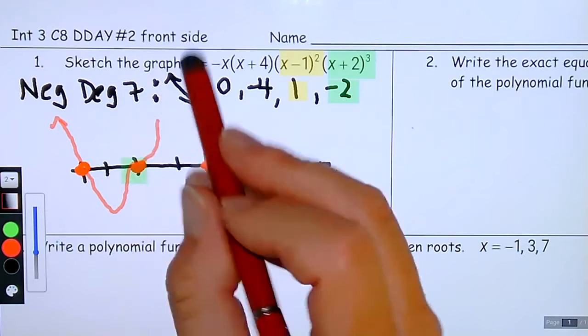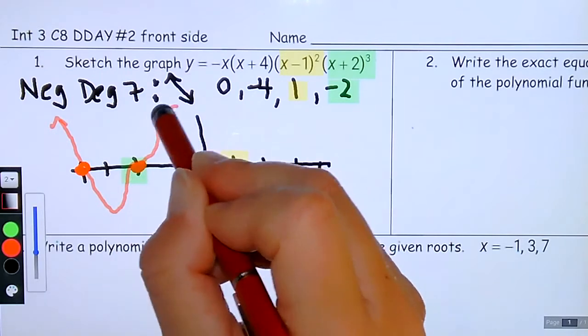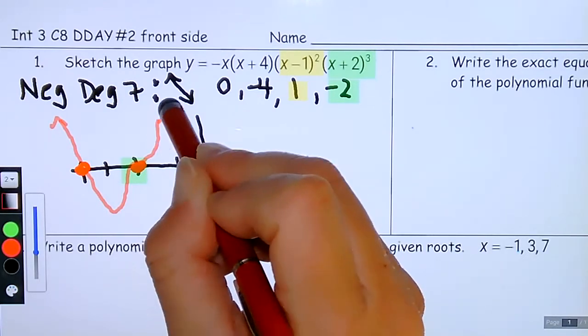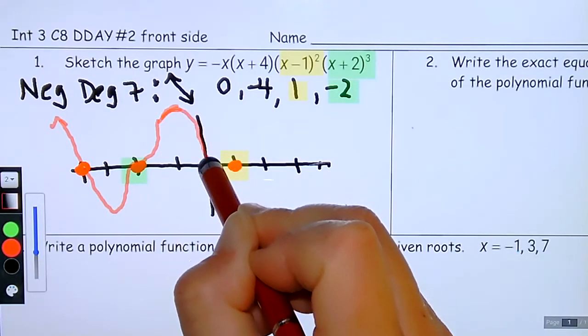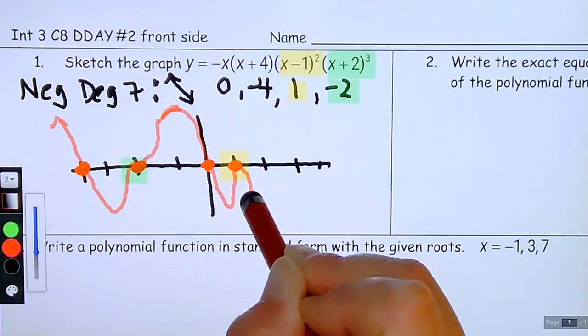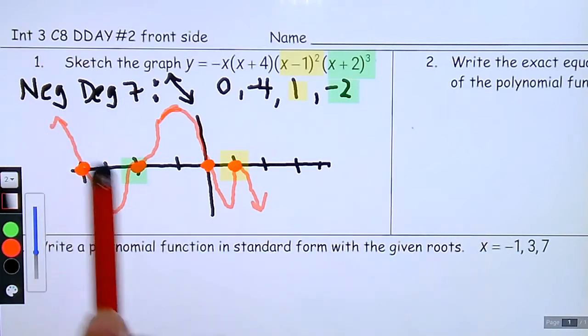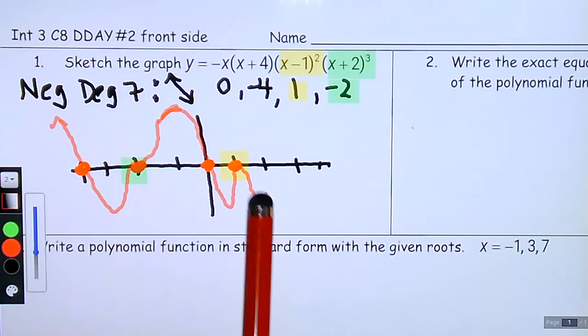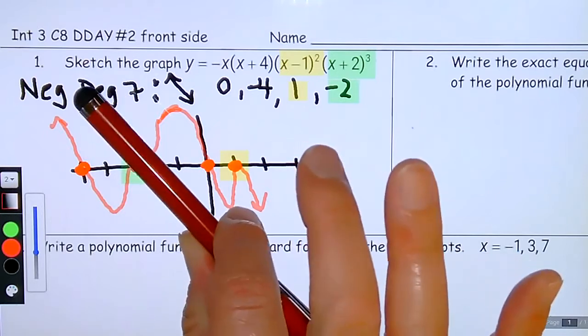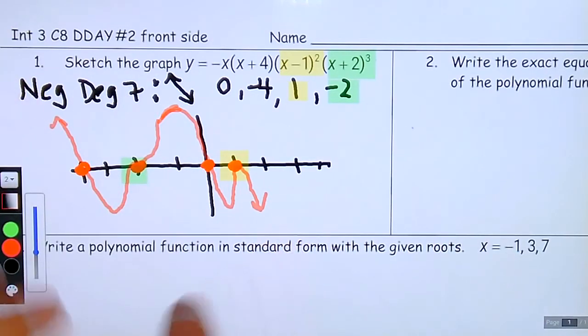It's going to have that S-type curve shape. It's going to go through this one, because it's a single. This one's going to be a double, so it's going to bounce back. Your odds should be starting above and ending below if it is negative. They always should start and stop in opposite directions, any of my odds.